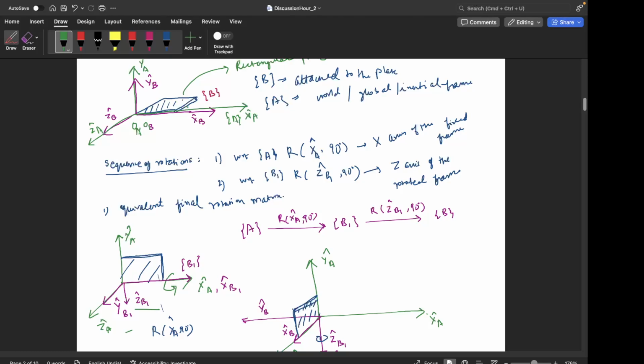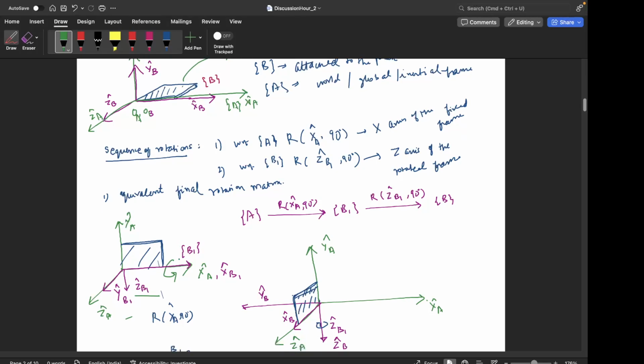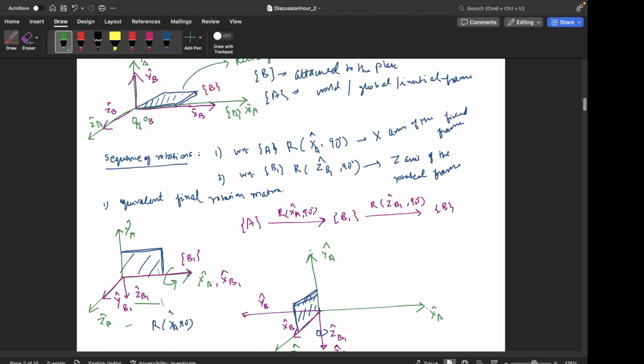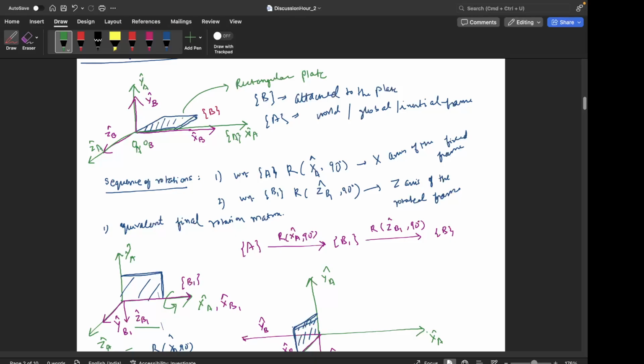So here we rotated first about the x-axis and then about the z-axis of the rotated frame, and we arrive here. Now just imagine with me, if I rotate first about the z-axis, then the plate would be somewhere here. So if I would have rotated about the z-axis, then after the first rotation, the plate would have been here, right?